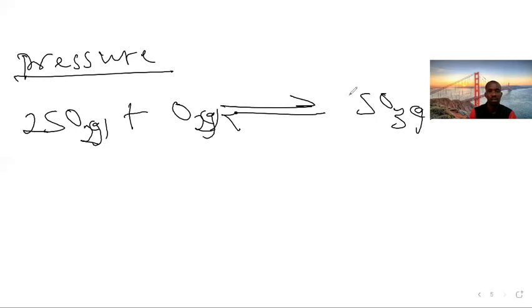This is the number of moles here: we have 2 moles or 2 volumes, here we have 1 mole, altogether we have 3. Here we have just 2.